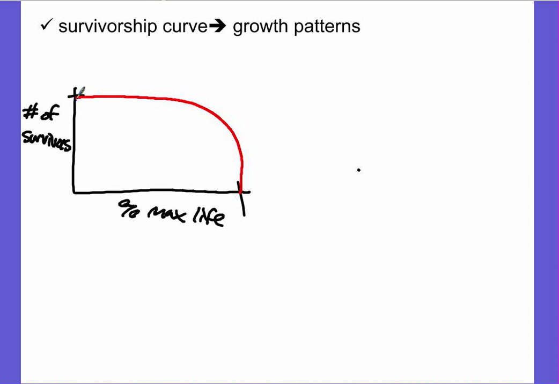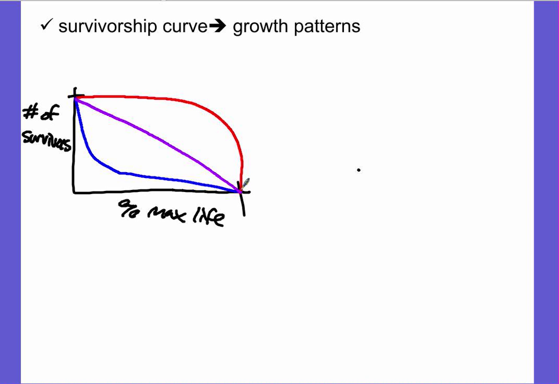Sometimes when organisms are really, really young, they tend to die off, but once they reach a certain age, they tend to survive for a longer period of time up to that maximum lifespan. And then you have those that are kind of in between, right? Some organisms, generally speaking, it doesn't really matter how old they are, they have the same tendency to live or die, right? Eventually it's going to reach 0 because there's that maximum lifespan.